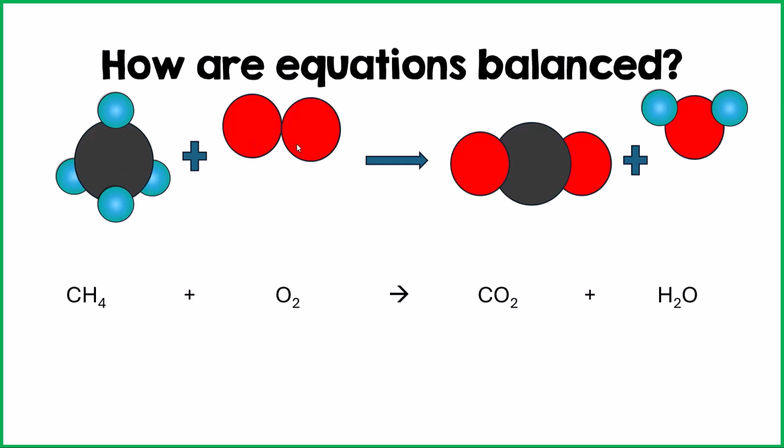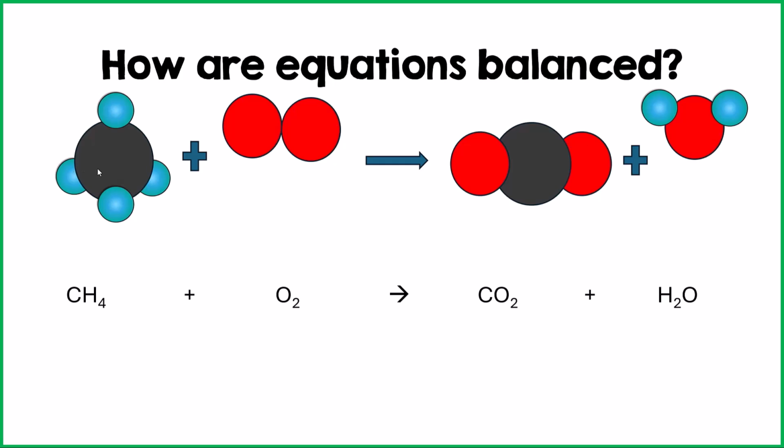And then we have 2 oxygen atoms, since oxygen is a diatomic molecule. And we have carbon dioxide on this side, 1 carbon and 2 oxygen, and then 1 oxygen and 2 hydrogen for our water molecule over here. So our goal in balancing this equation is to have the same number of each type of atom on both sides of the arrow.